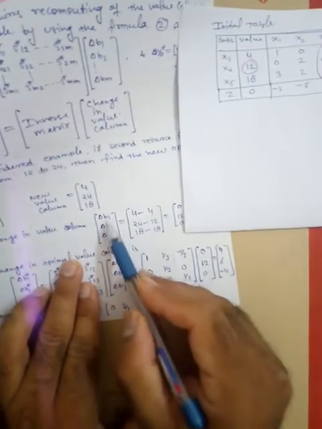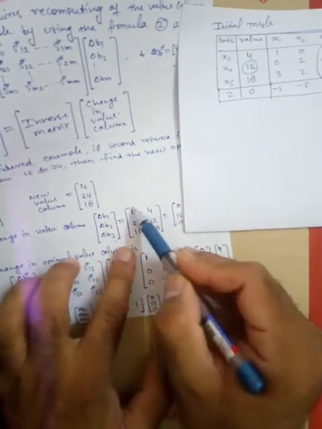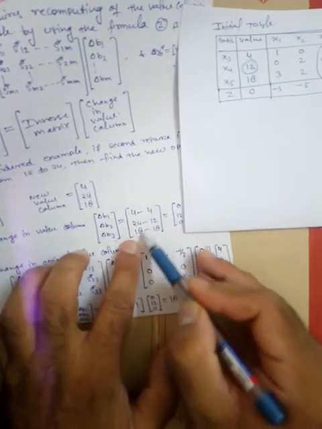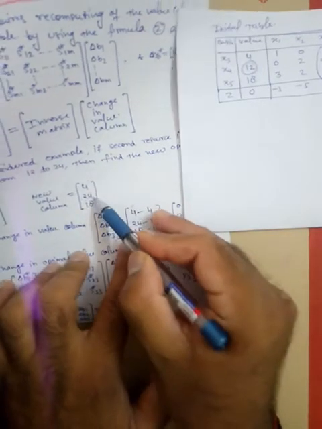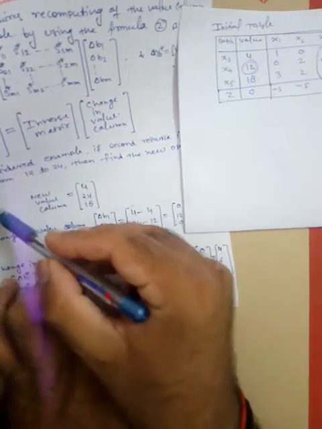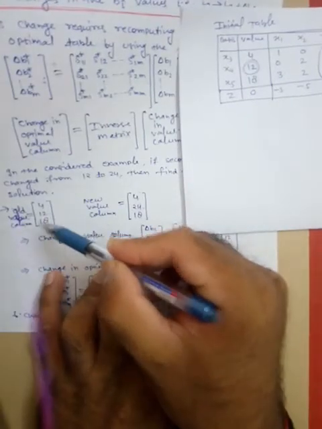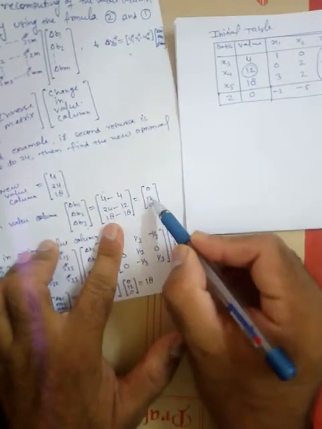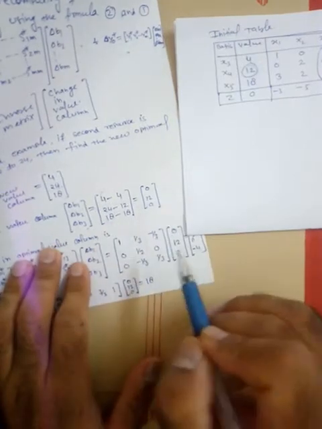Then what will be the change? Delta B1, delta B2, delta B3 are the new values 4, 24, 18 minus the old values 4, 12 and 18, so we get 0, 12 and 0. This is the change.